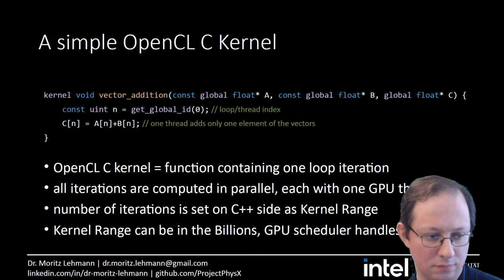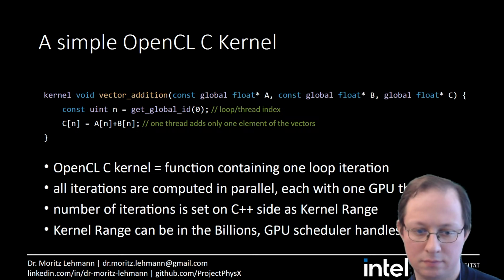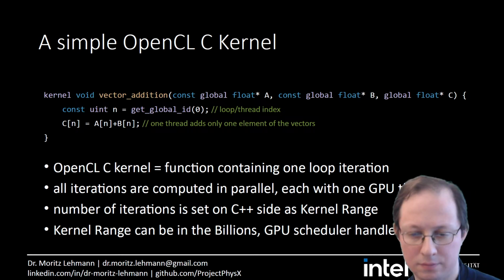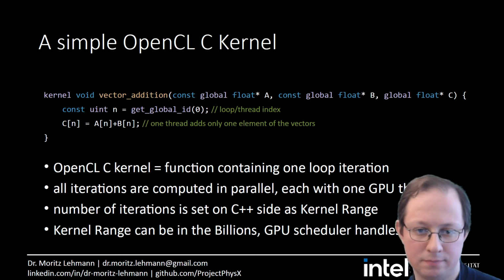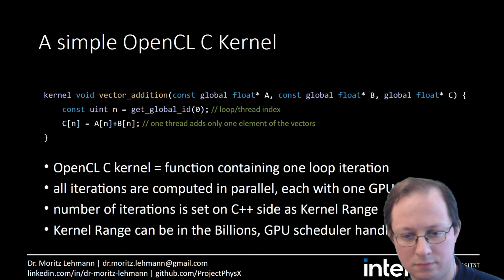But in OpenCL with vectorization, you really have one GPU thread only working on a single iteration of the loop on a single data element, and it can be in the millions and it can be in the billions, and the GPU scheduler will just handle it fine. It's even better, the more threads you have, the more efficient it will run generally, because you get better saturation of the hardware. All of the streaming multiprocessors can be occupied at the same time.